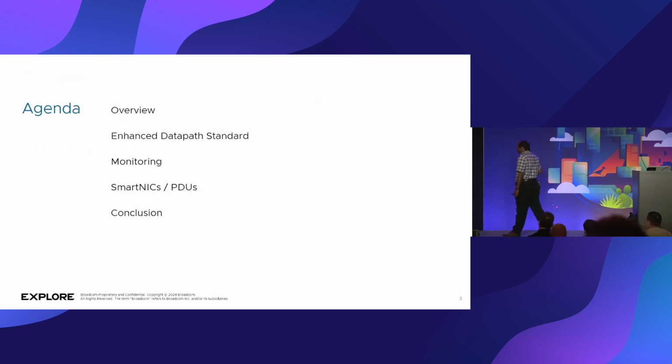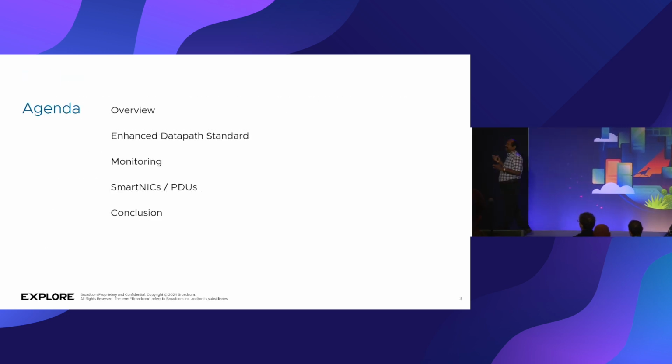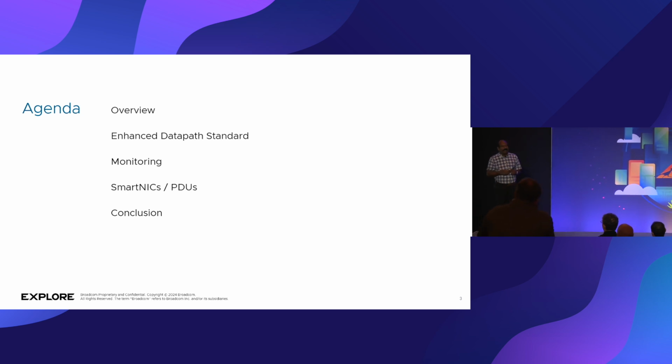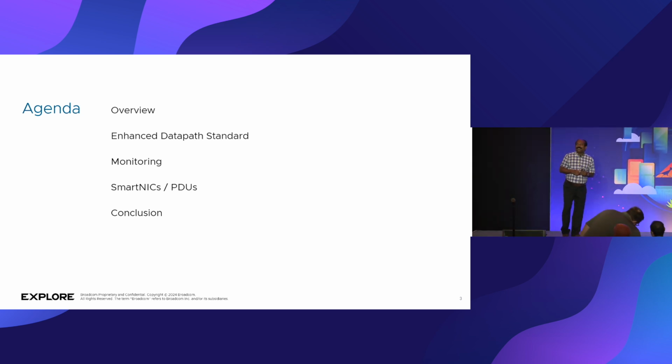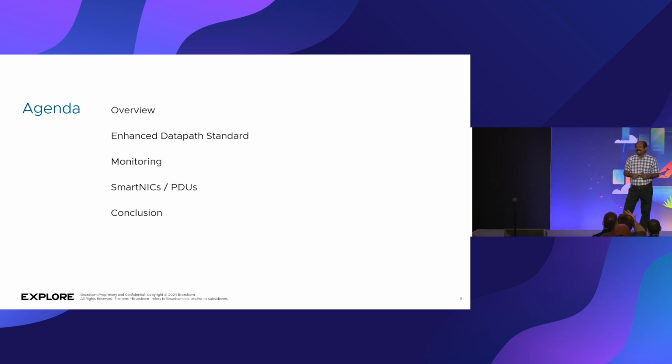From an agenda perspective, we'll take a quick overview, and anyone who has attended some of the performance sessions in the past might recognize two slides, the first slide and the last slide. This is just to make sure that we're all on the same page as we go through this content.